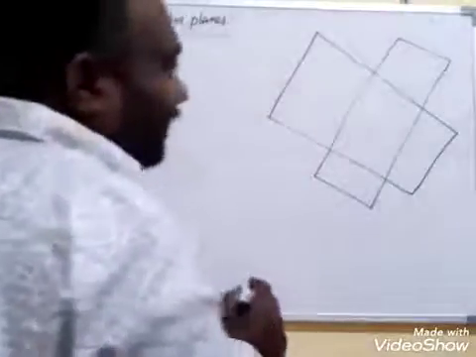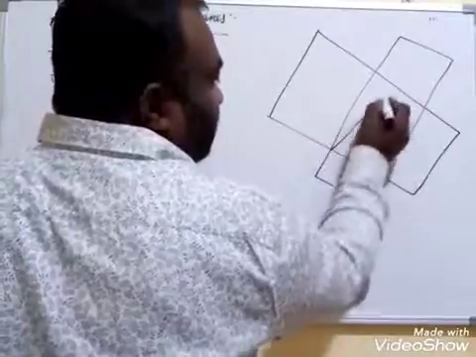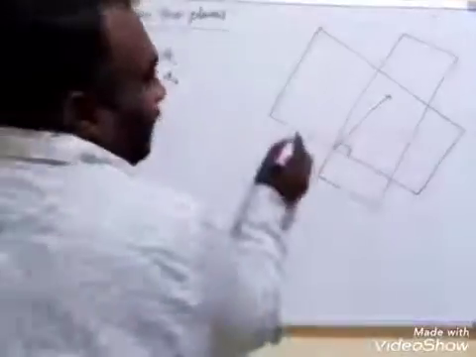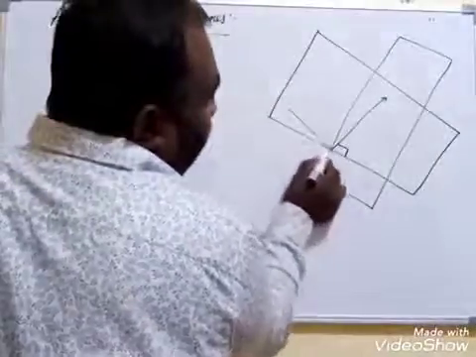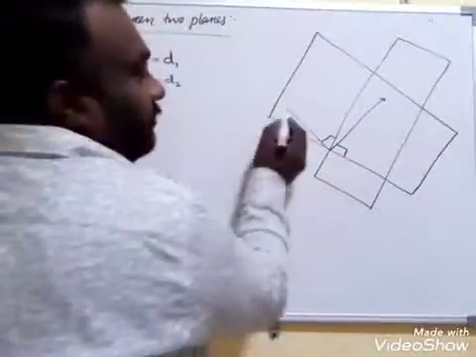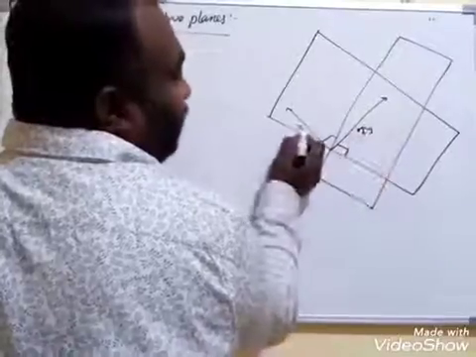Now, theta, the angle between them: first observe, I am drawing a normal which is perpendicular to plane 1 and another one perpendicular to plane 2. These are the two normals, this is n1 bar and this is n2 bar.